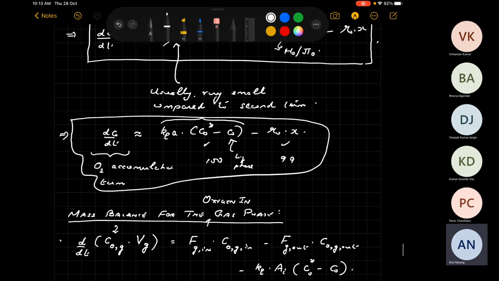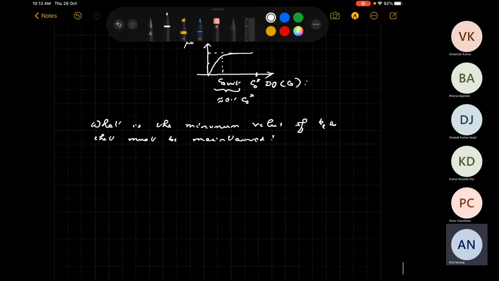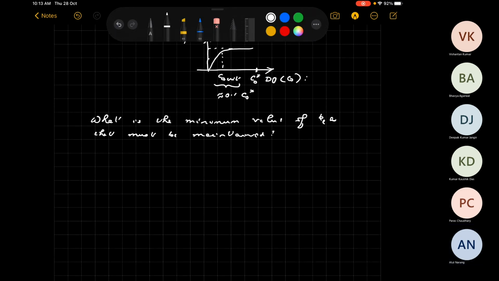Yes, sir, it is. So any thoughts on how we would proceed? So I guess first of all, since the dissolved oxygen concentration should remain constant, the LHS would tend to zero.